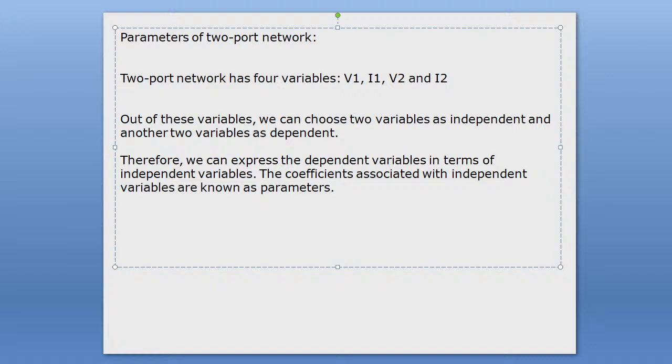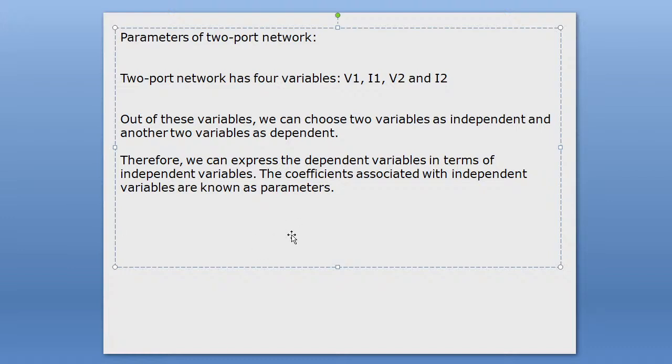Now we will derive the different equations of the two-port network in terms of these parameters. There are a total of four parameters associated with a two-port network.